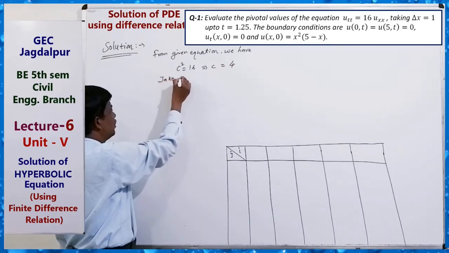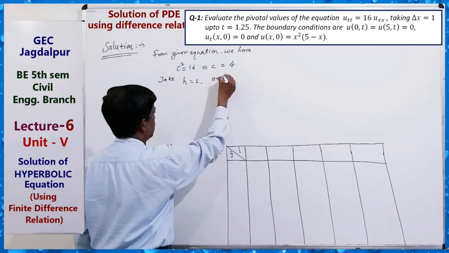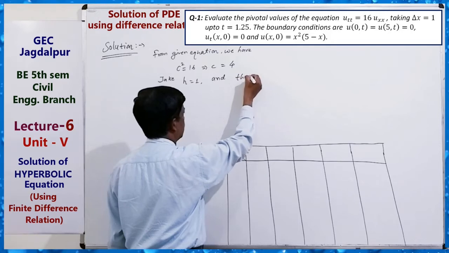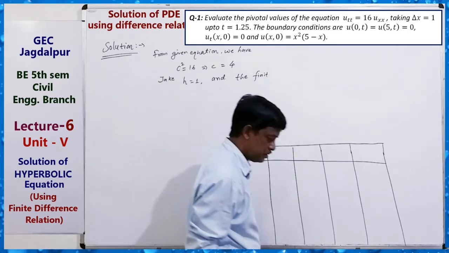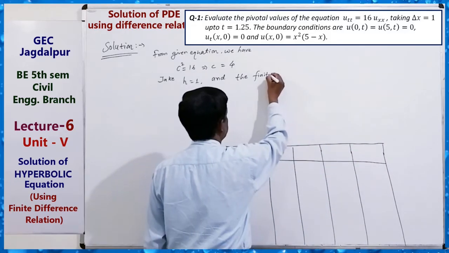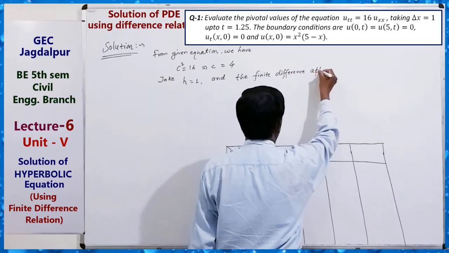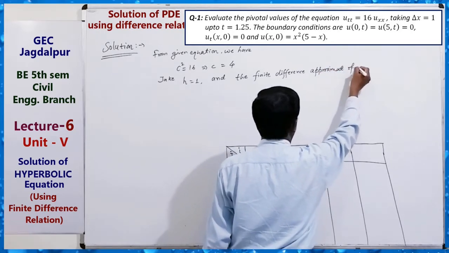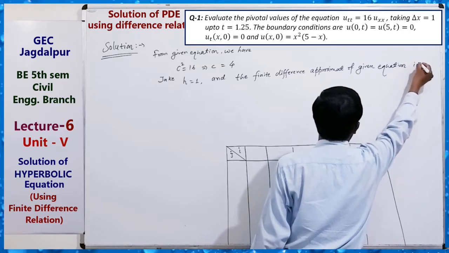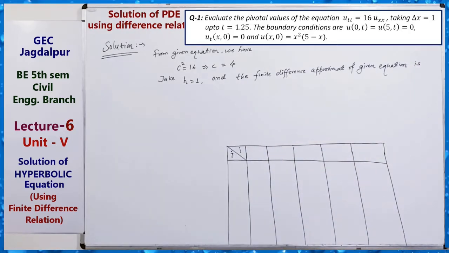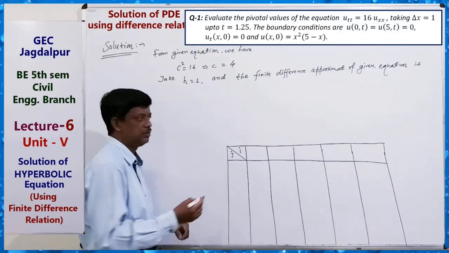Take h equals 1. The finite difference approximation of the given equation, that is the formula, is what?